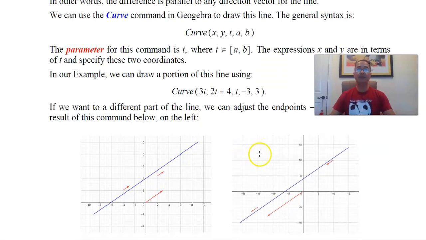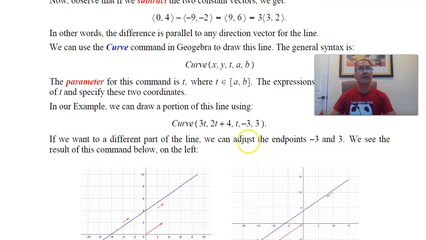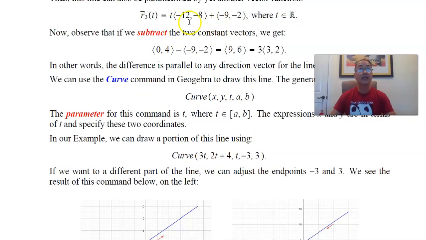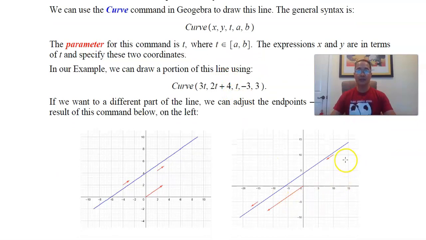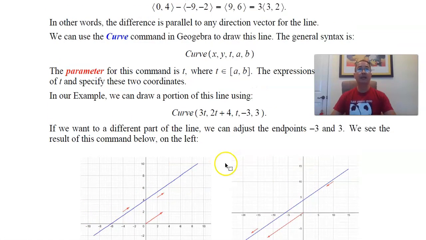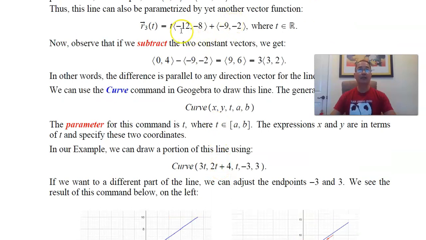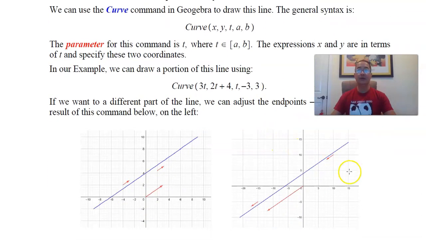Now, because our vector is now negative, -9, -12, -8, our line will now be traced in the opposite direction. So instead of going left to right, this parametrization R3 is going to trace it from right to left, in the opposite direction.